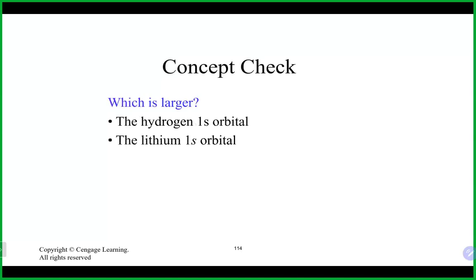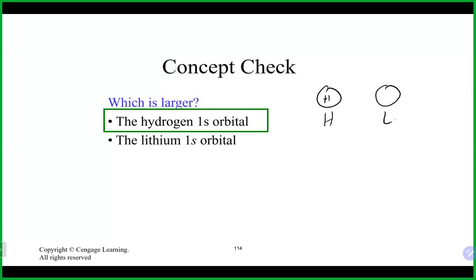So which one is larger, the hydrogen 1s orbital or the lithium 1s orbital? It is the hydrogen 1s orbital, and that is because hydrogen has a +1 charge, and lithium has a +3 charge because it has 3 protons.